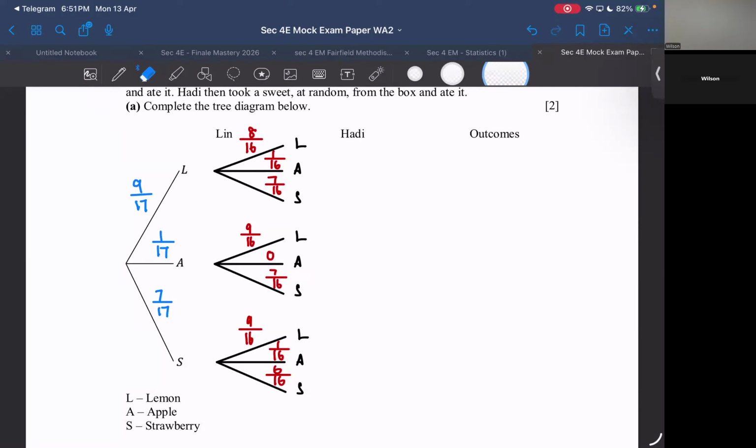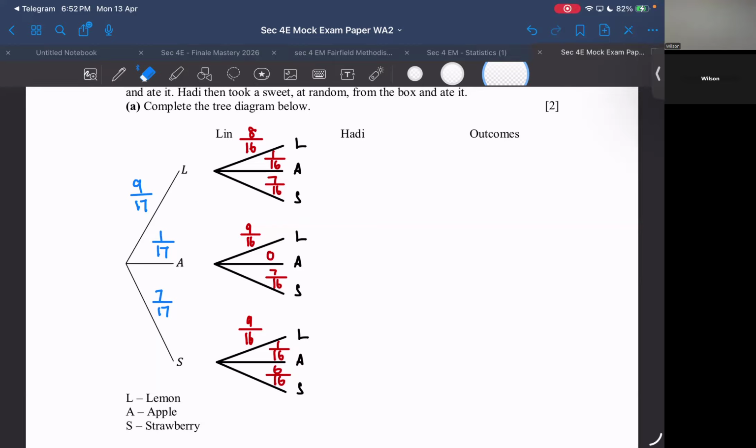This one is the sweet that he chose to eat. So after he has eaten, that means 9 out of 17 times this one over here. So if I have 9, then 9 out of 17 I choose 3. You already ate already. This one you ate the sweet already. Yes, correct. So 9 out of 17 times.